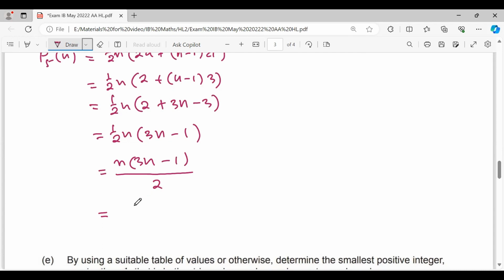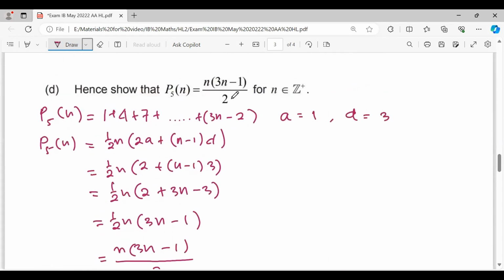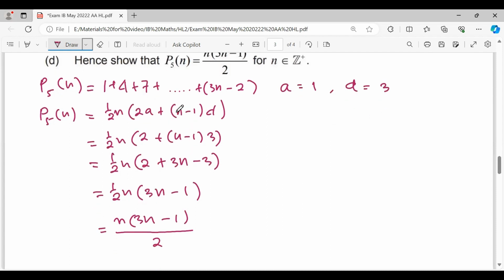Or we may write 3n squared minus n over 2, but we have to prove it like this. That proves that P5n equals n times 3n minus 1 over 2, this one already.